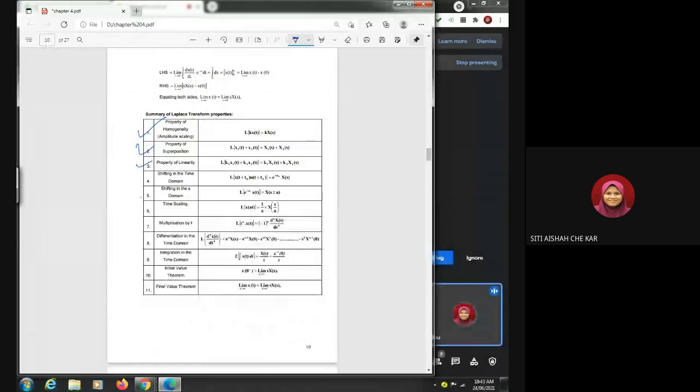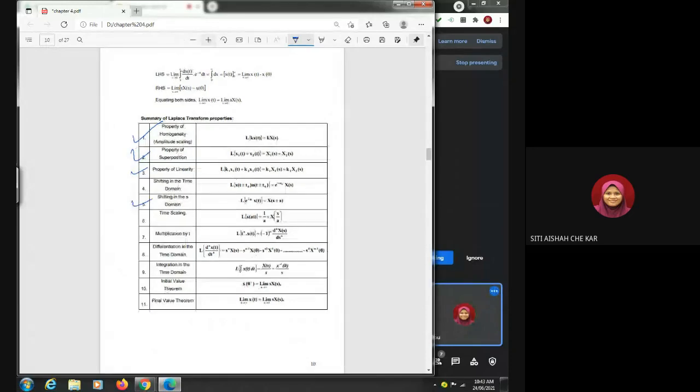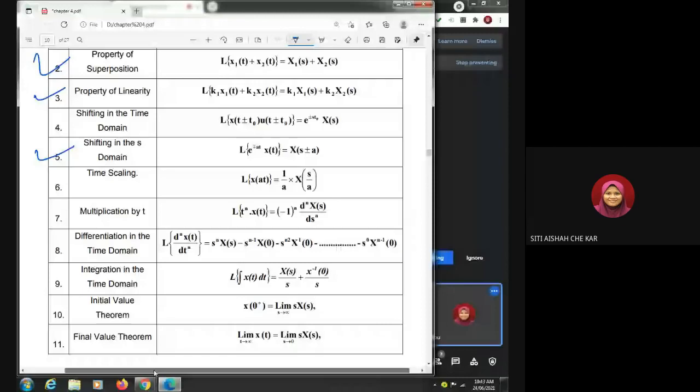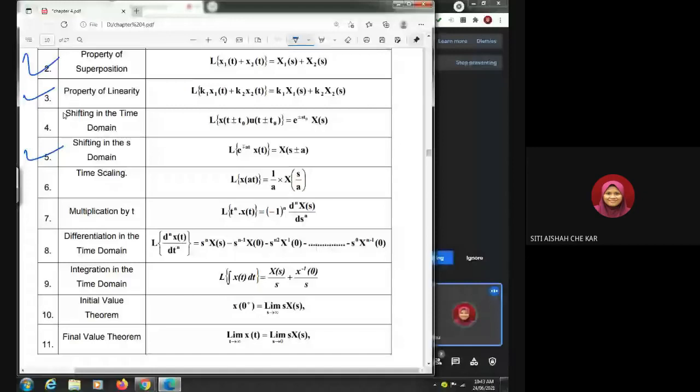So what we're gonna learn today is, insyaAllah kalau kita sempat, kita try cover semua lah. Okay. So, apa yang kita nak cover hari ni adalah this one. I hope everyone have a notes. You can download the notes from the Google Classroom. So lagi senang you nak take note and so on.